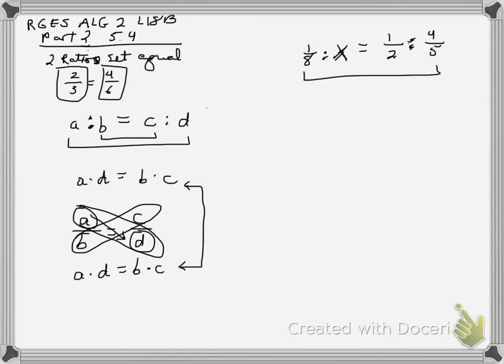I would take my extremes, 1/8 times 4/5. My means equals 1/2 X.